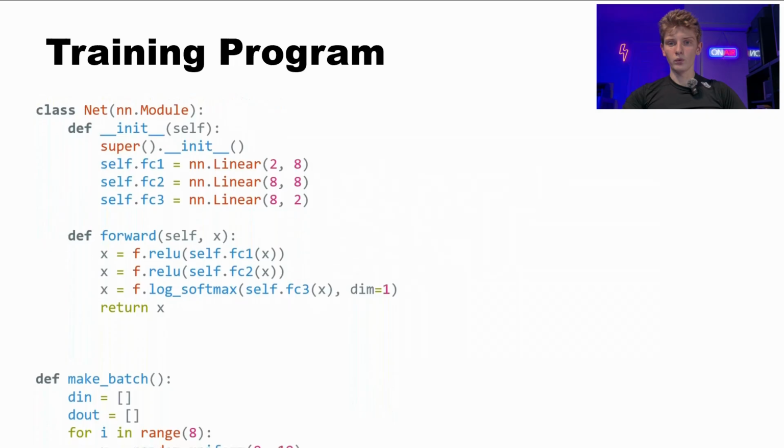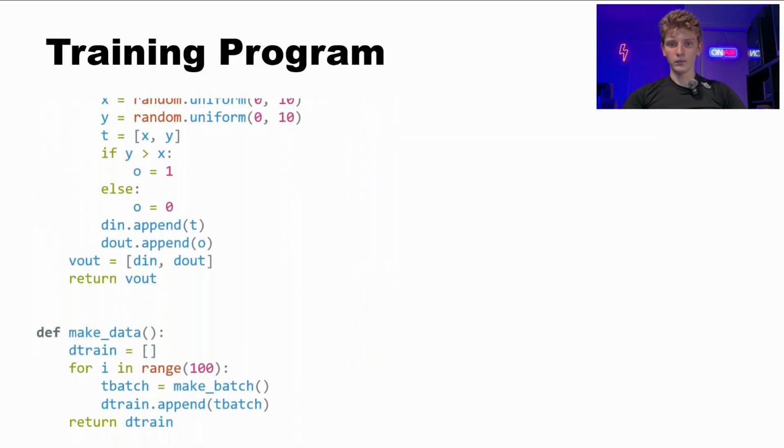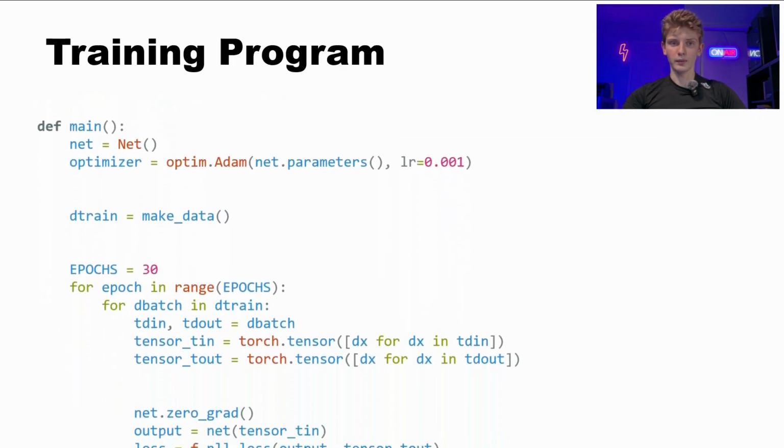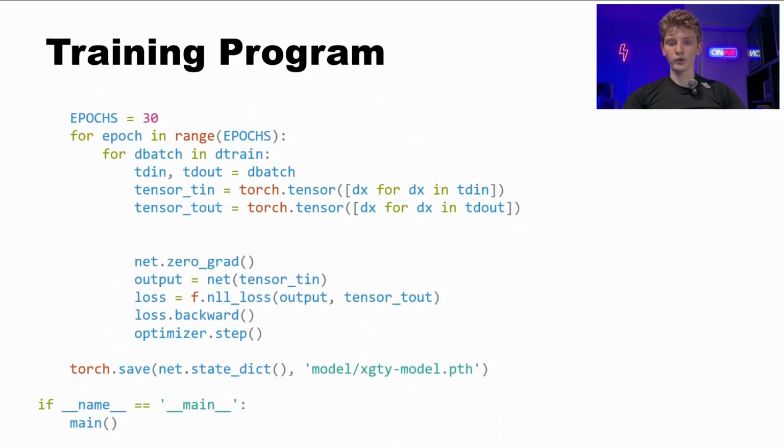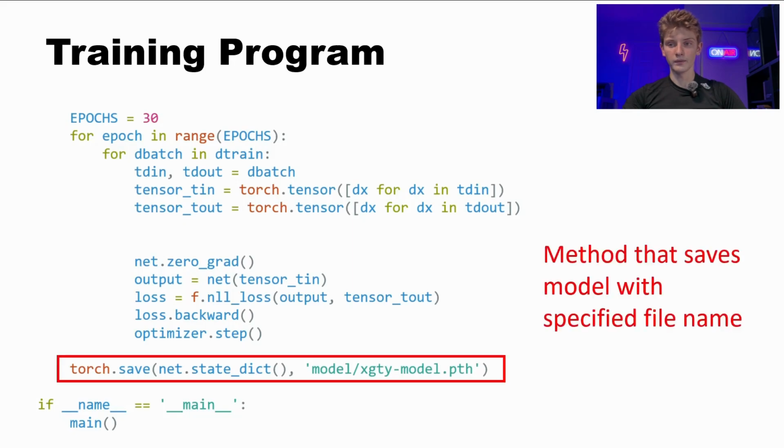Here we also would be creating our data, or in an actual setting, we'd probably be collecting it and interpreting it. And then, of course, we also have the training loop. Again, this is all the same code that we pretty much covered earlier, except we have this extra line. This is the line that allows us to save our trained model to whatever specified file we want.